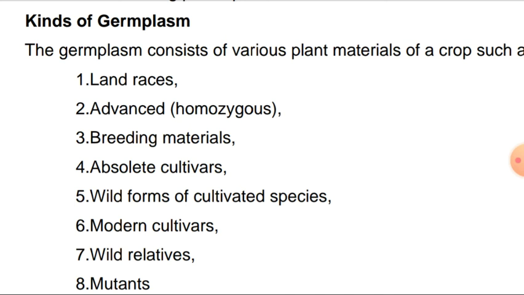Then the third one is the breeding materials available with the plant breeder. It is also a type of germplasm, and this breeding material is used in the crossing program. Then obsolete cultivars. Obsolete cultivars are the improved varieties of the recent past.